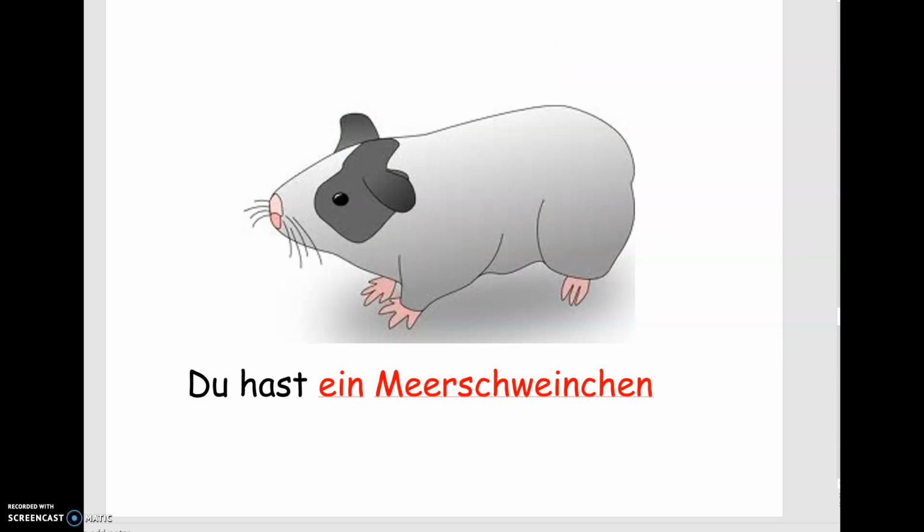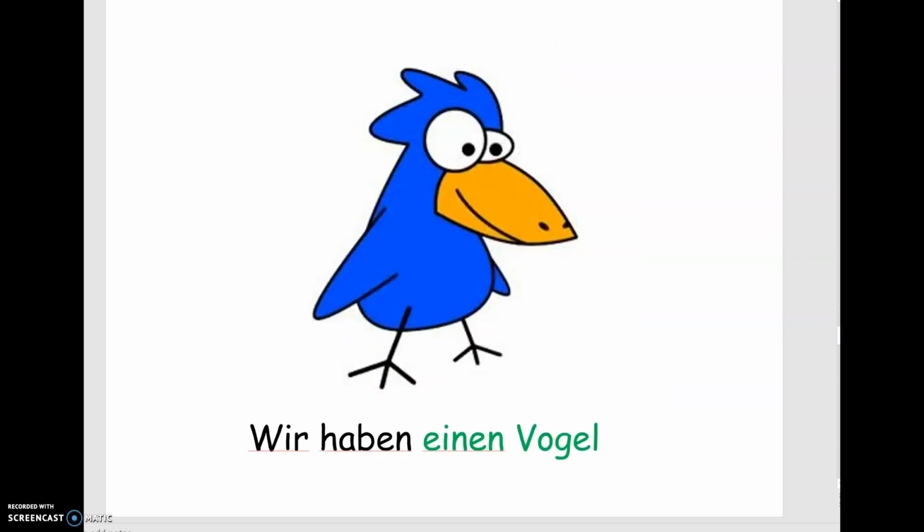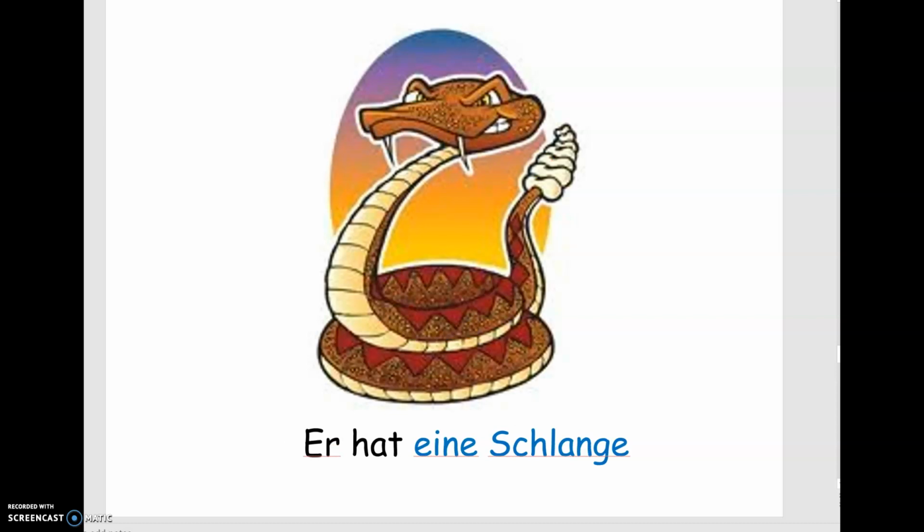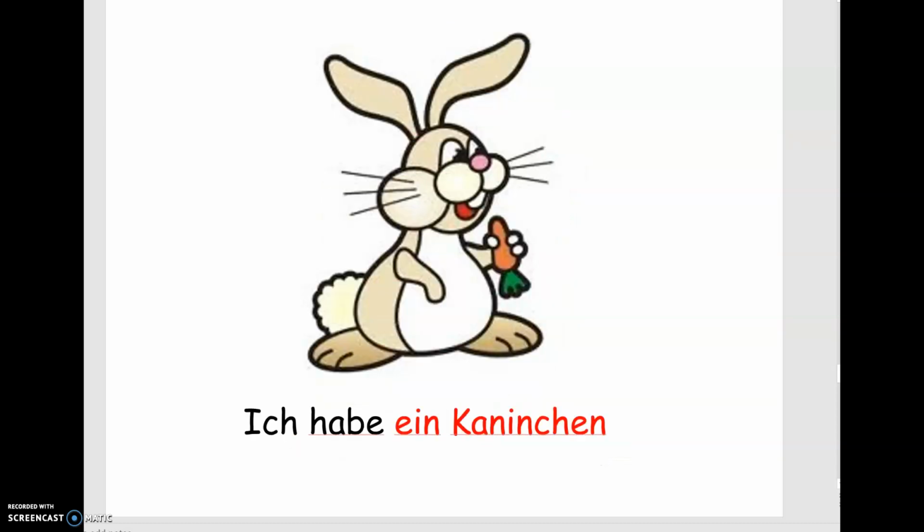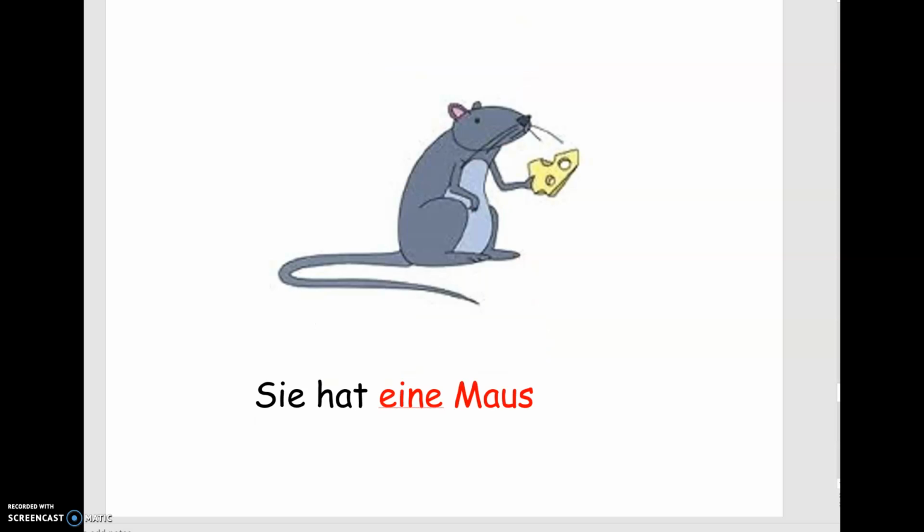You have a guinea pig. Wir haben einen Vogel. We have a bird. Er hat eine Schlange. He has a snake. Ich habe ein Kaninchen. I have a rabbit. Sie hat eine Maus. She has a mouse. Okay, so there are some examples for you guys to go through and make sure you can understand when to use those.